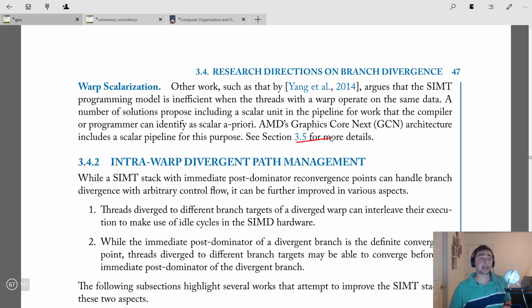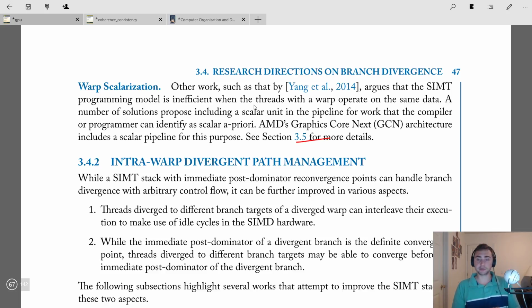And actually in the most recent architecture, I believe in the Turing architecture, there actually is a scalar pipeline on NVIDIA GPUs now. Now, this entire paragraph is basically just saying, okay, you've got 32 threads. All of your 32 threads are doing, say, A plus B, but it's the exact same A plus the exact same B. Well, if they're all doing that, there's no reason why all 32 threads need to store that data or compute that single value.